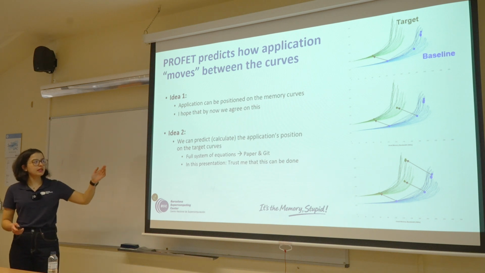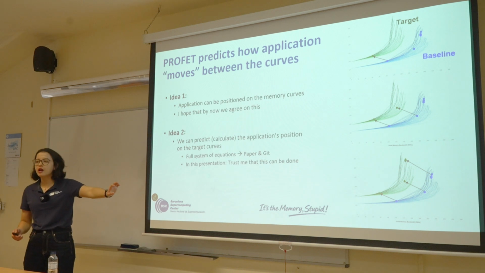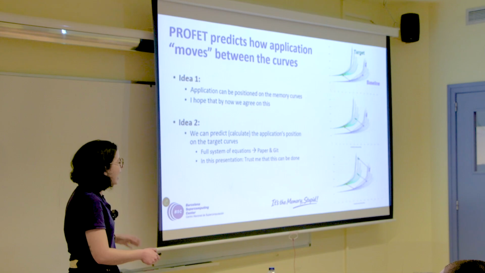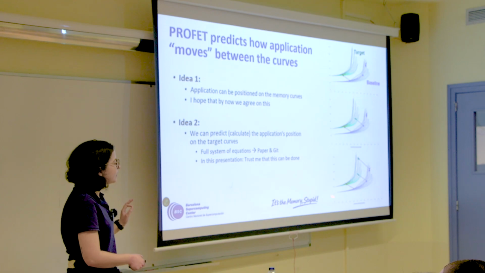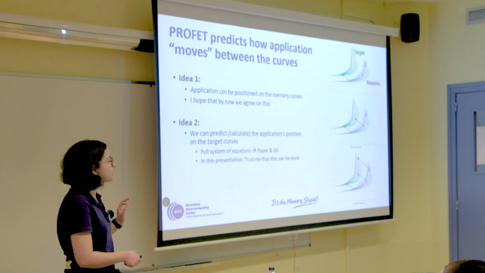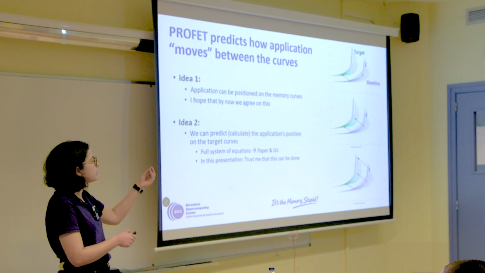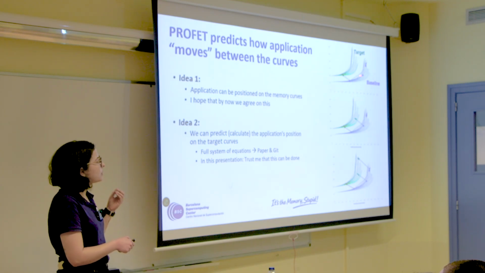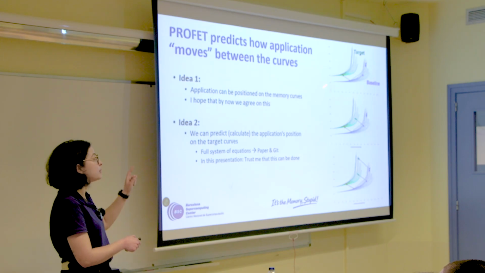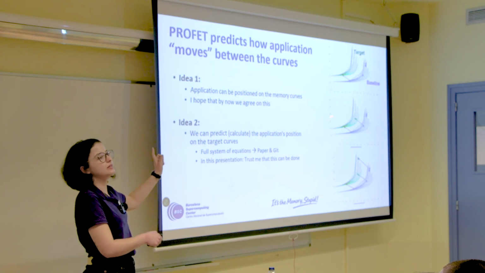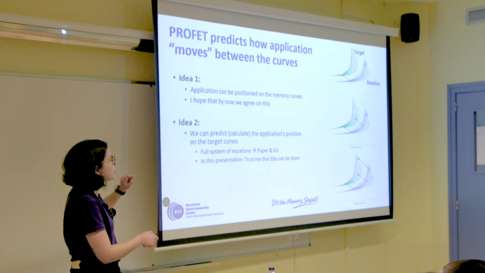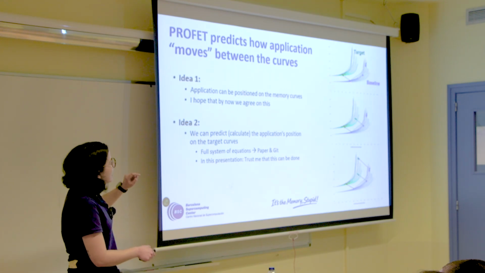And the second idea is that, okay, I have my dots on my baseline system, and now if I have the system profiling of my target system, my target memory, I can move from baseline to target because my dot will be somewhere on my target curves too. So I can move from this to my target curve.